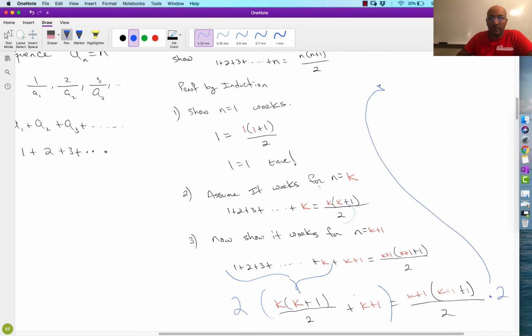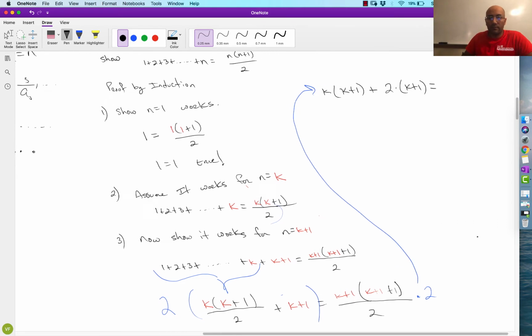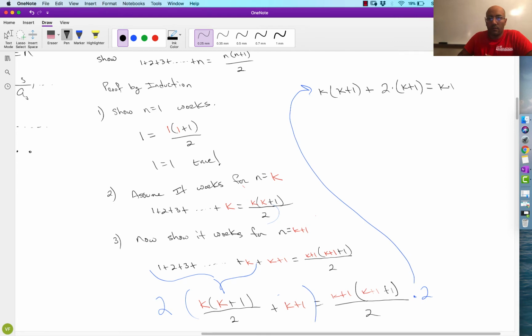When I distribute, this 2 cancels, so I'll just be left with k times k plus 1, plus, and now this 2 multiplies k plus 1, equals, and on the right-hand side those 2 cancel, so I'll be left with k plus 1 times k plus 1 plus 1.